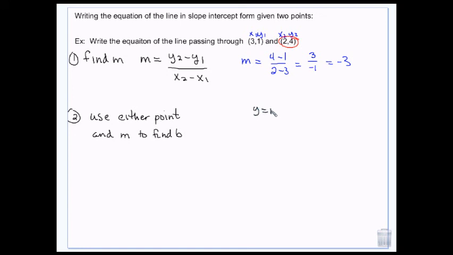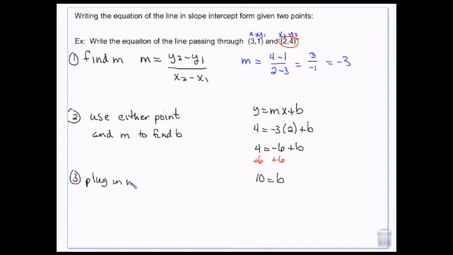So I'm going to have my y equals mx plus b. So 4 is equal to negative 3 times 2 plus b. So 4 is equal to negative 6 plus b. Add 6 to both sides. 10 is b. And then we're going to plug those in.